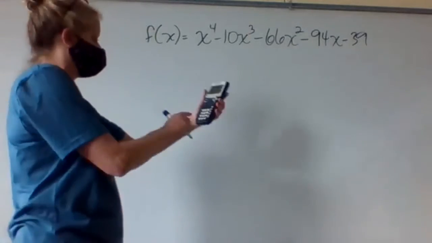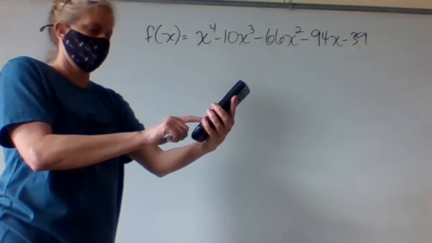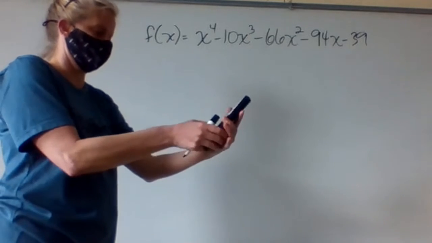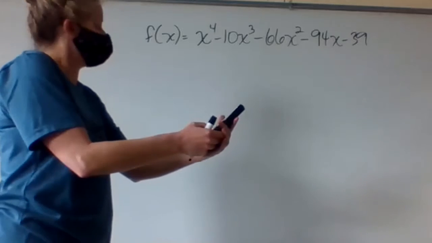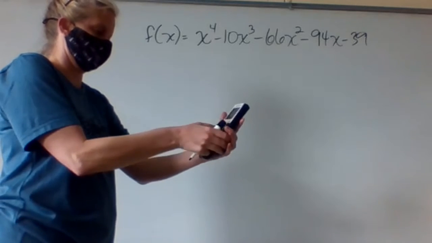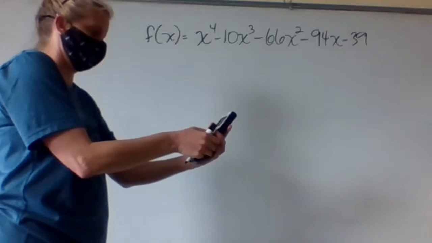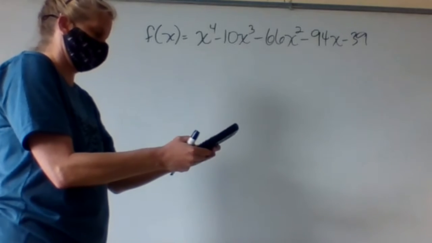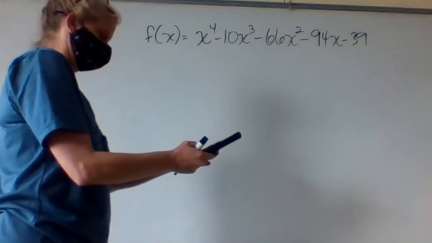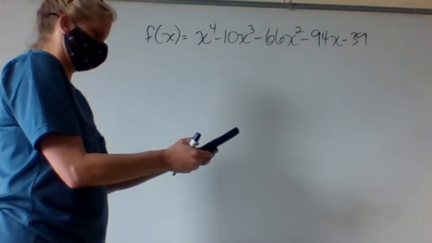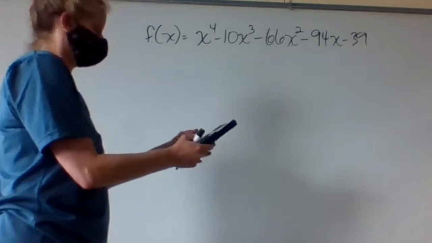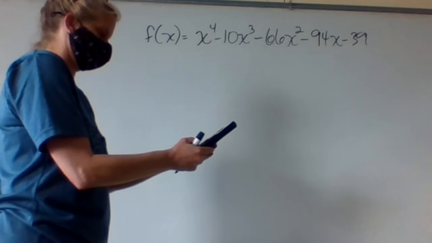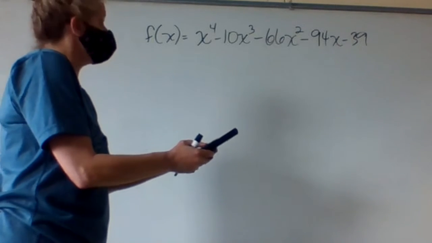So let's put this in our y equals: x to the fourth minus 10x cubed minus 66x squared minus 94x minus 39.